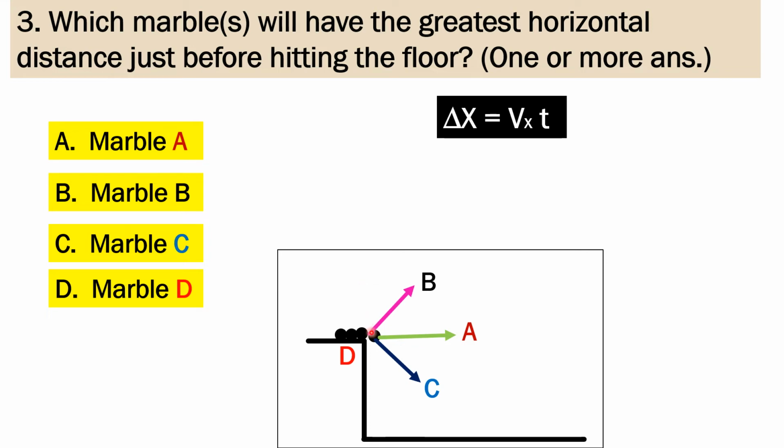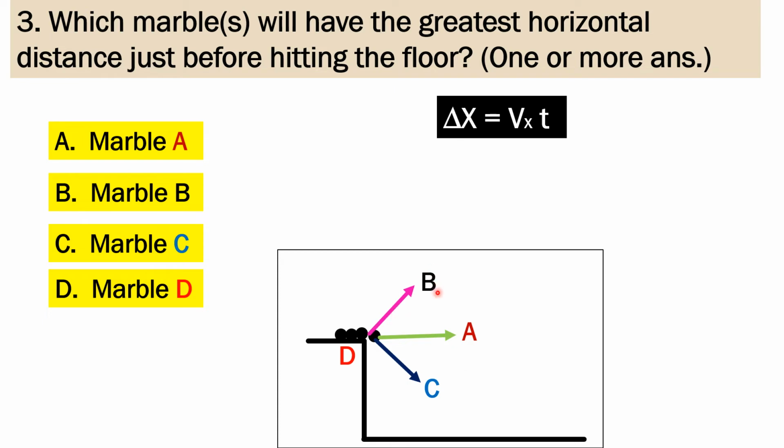In short, the Vx of B will not be as large compared to that of marble A. All the velocity of marble A initially goes into Vx because it has no initial Vy. So from that premise, we can say that based on the x component of velocity, A would have a greater range compared to B.